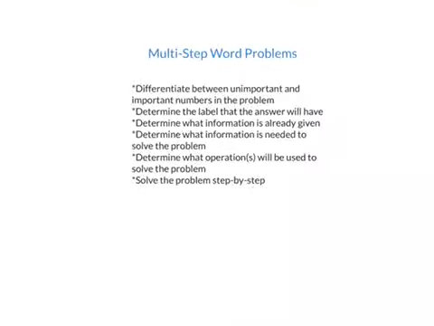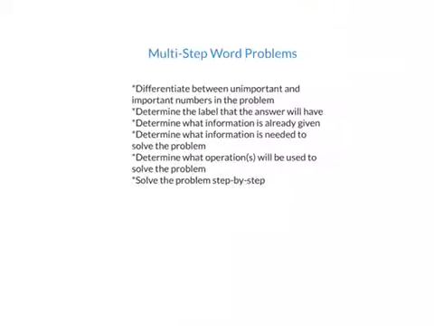Hello, my friends. Today I'm just going to review with you all the steps to solve multi-step word problems. So remember, the first thing that we do is determine what the unimportant or important numbers are in the problem. And then we determine what the label is going to be for the answer.